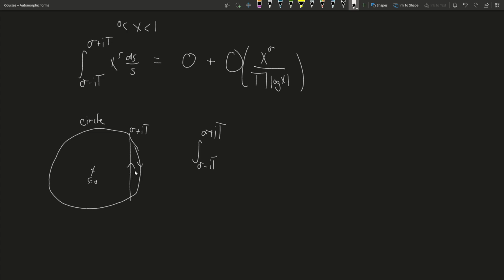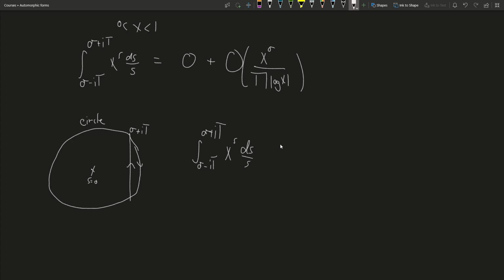This piece is the piece that we care about, and this other piece we can just bound by the circumference of the circle times the absolute value of the integrand, which is at most x to the sigma, because again we're assuming that x is less than 1, and the modulus of s is the modulus of sigma plus it.